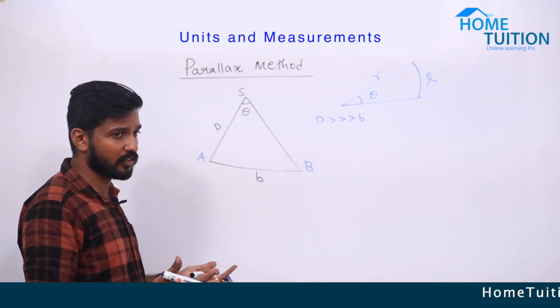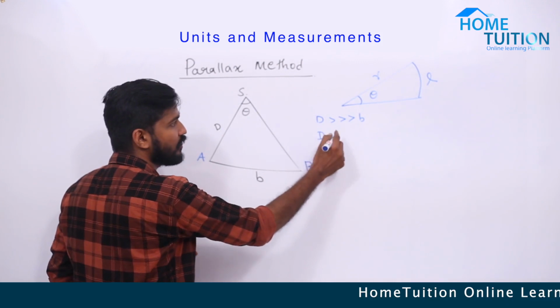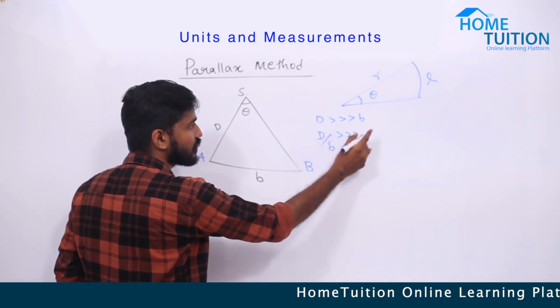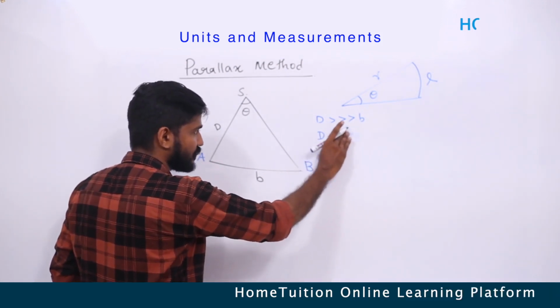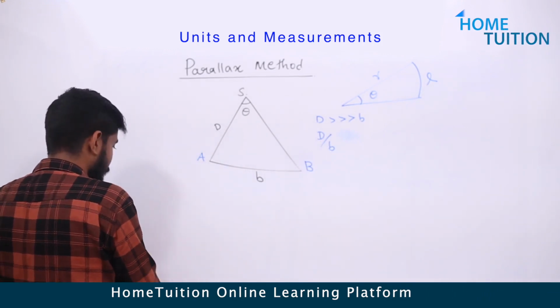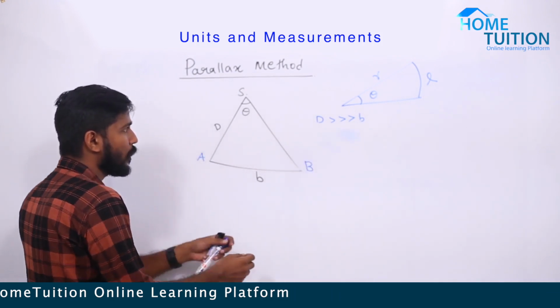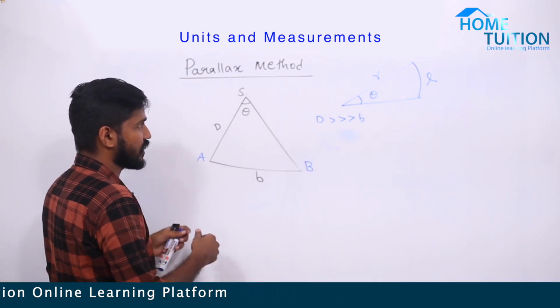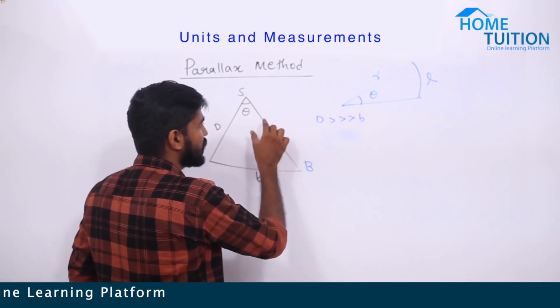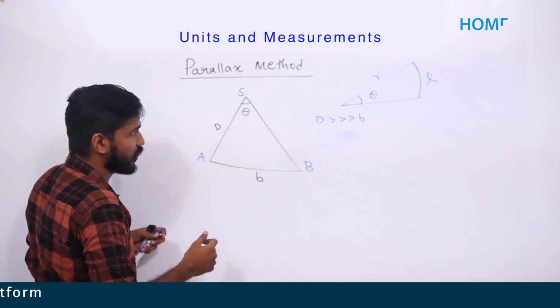We don't know the distance yet, but it is very great, so the ratio b by D is very small.